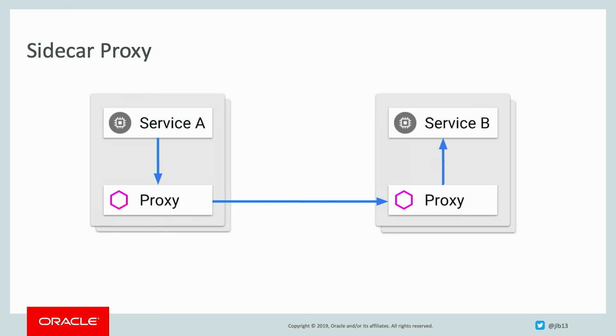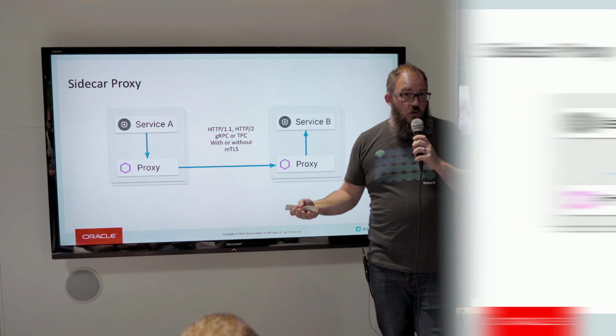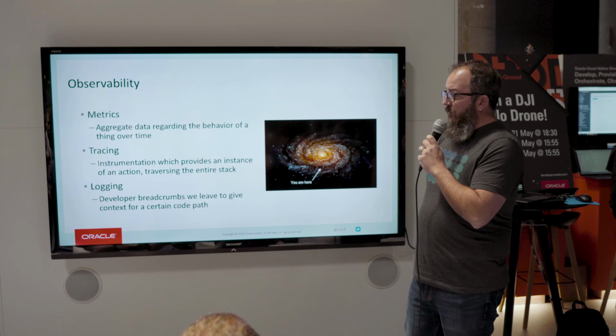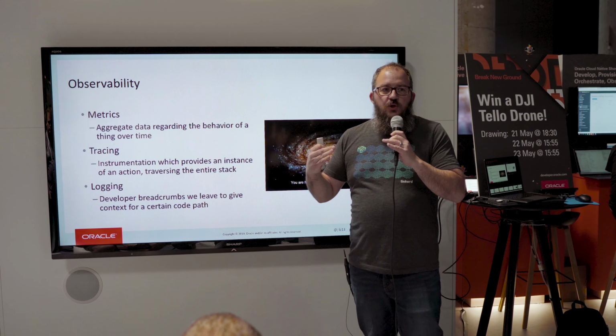The proxies talk to each other, and they do that according to the configuration we provide. That traffic can be HTTP 1 or 2, it can be gRPC, really anything TCP based. And you can add mTLS or not, so you can lock down the entire mesh, which we'll get to in a minute.